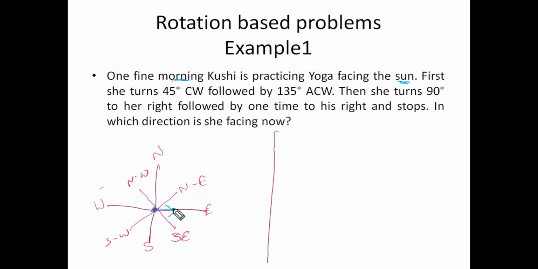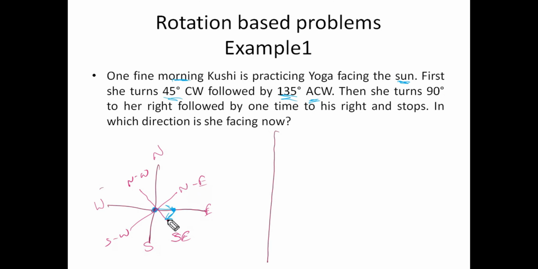Initially she is facing towards east. From there, first she turned 45 degrees clockwise. So if she turns 45 degrees clockwise, what is her facing direction? Southeast. Followed by, means after that 45 degrees, 135 degrees anti-clockwise.